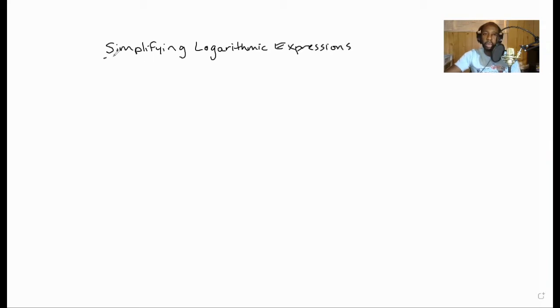All right, so this is assuming that you already know what a logarithm is, where essentially you have some log base a of x equals y.